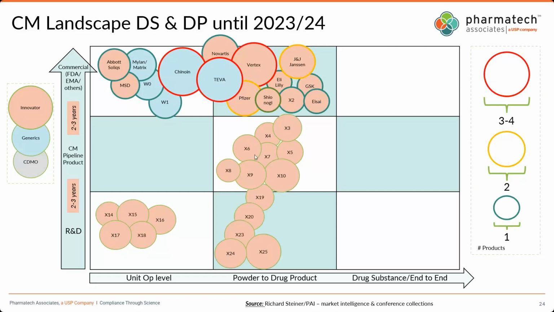They started first on the left side, then moved to link unit operations together as they got more comfortable with it. And once they then get the first pipeline products, they move up to the group of those who have already successfully marketed some. And the blue is generics. So you see generics here and there. And this has mostly specific reasons if you look closer to these generics.